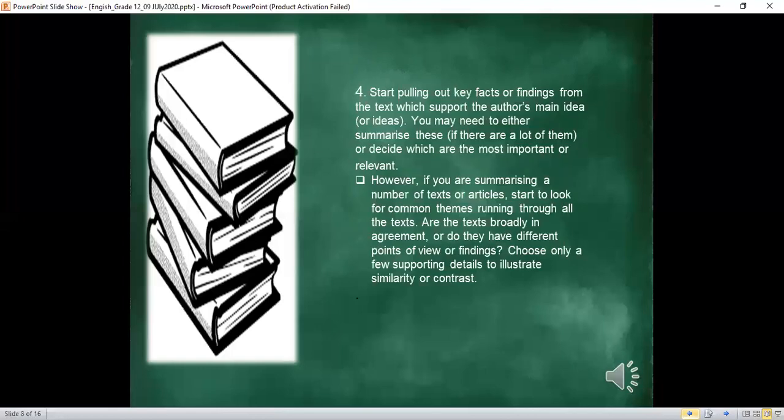Now, after addressing the issue of main ideas, you look at the key facts. Each argument that is presented, or each idea, is supported by facts. So you look for those. After identifying the main idea, you start looking for facts.